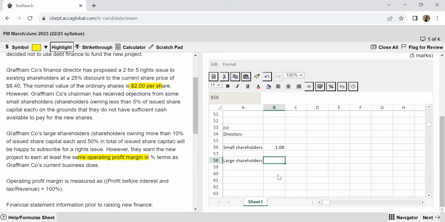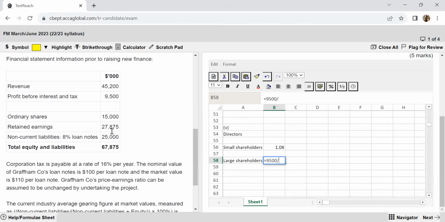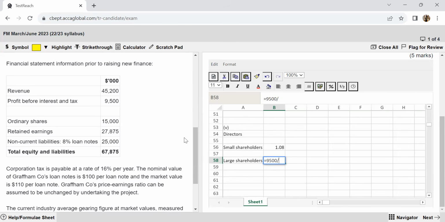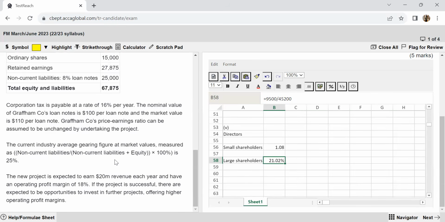Currently our operating profit margin is nothing but, first of all, I take my PBIT, which was 9,500, and then I divide that by revenue of 45,200 to find out my current operating margin, right? So my operating margin as of now is 21.02%, and this project is giving only an operating profit margin of 18%.